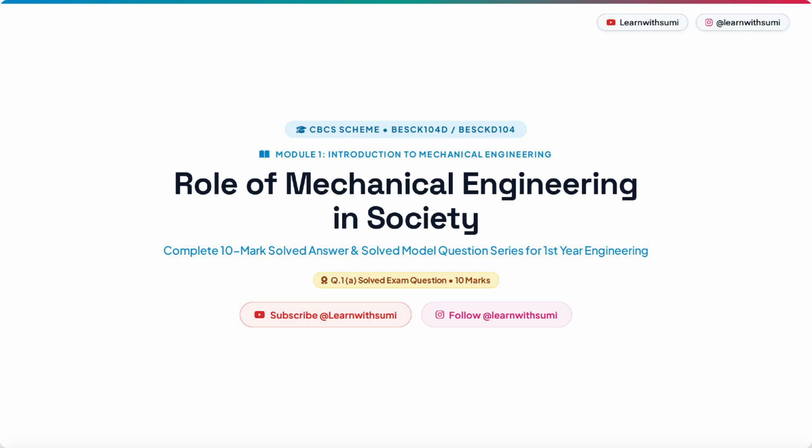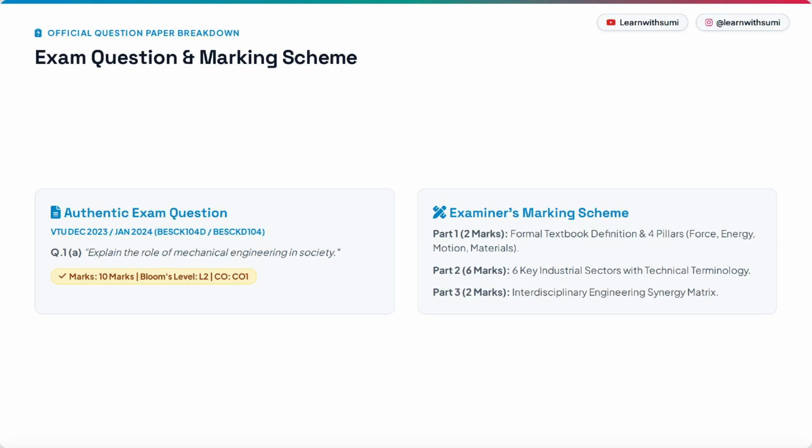Now we have: explain the role of mechanical engineering. First, look at how the university evaluator marks this question. In part 1, 2 marks, the standard textbook definition highlighting the 4 core pillars.